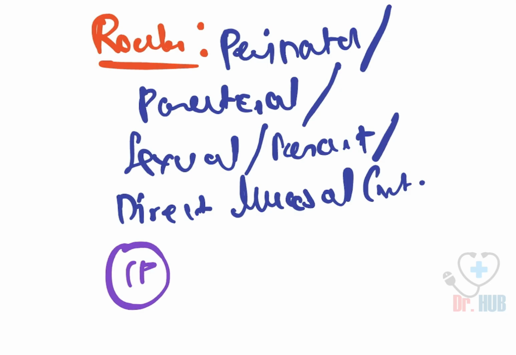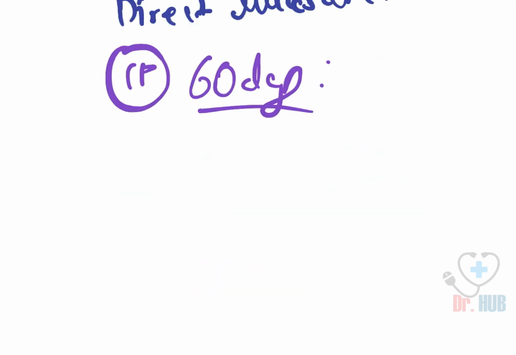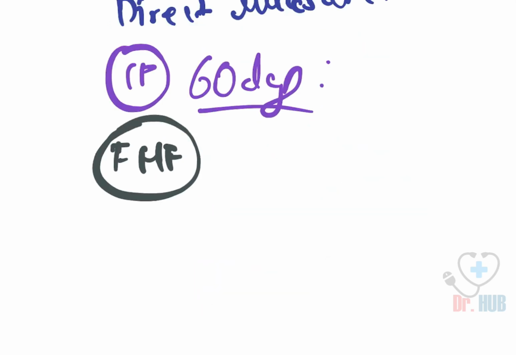Next, we move on to the incubation period. The incubation period is about 60 days, and it shares it with hepatitis D. This is also 60 days. Now looking at the chances of fulminant hepatic failure, this is about 0.1 to 1%.